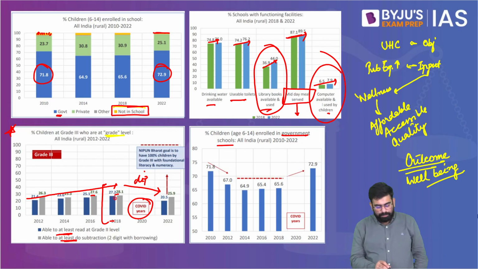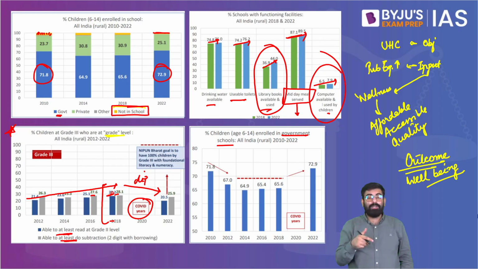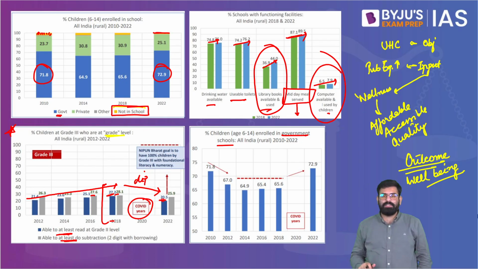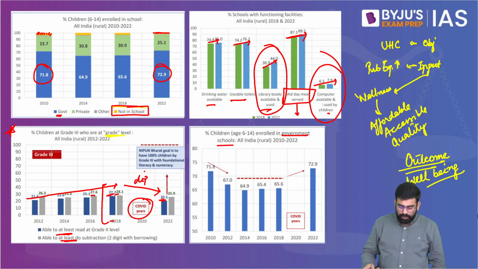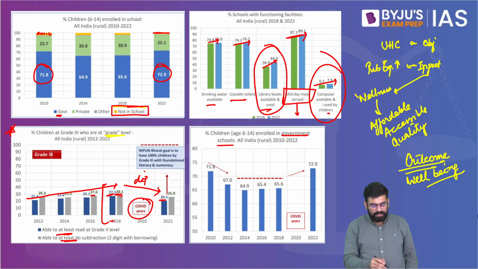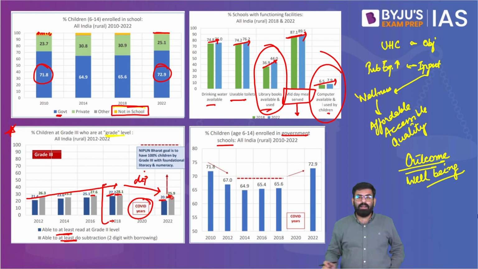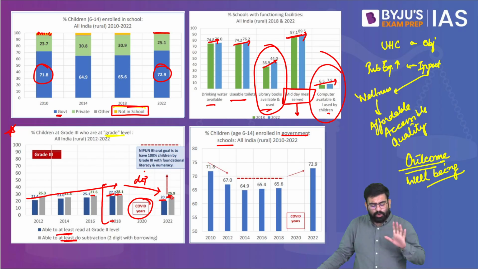Previously in 2018, 27% of students were able to read at grade 2 level, but now it is merely 20%. Similarly, for basic subtraction ability, it went from 28 to 25, which means there has been a dip in learning outcomes.